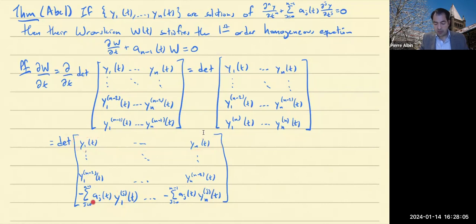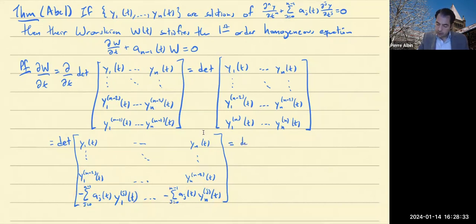Because they would all be multiplied by minus a1 of t, right? So it's just going to be a fixed multiple of the first row. The same thing when we look at the second derivative here, that would be a fixed multiple of the second row, right? And so on, the n minus 2th derivative would repeat this row. So the only term here that is not repeating any one of these rows is the last one.